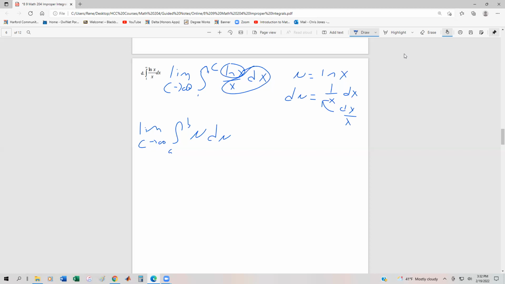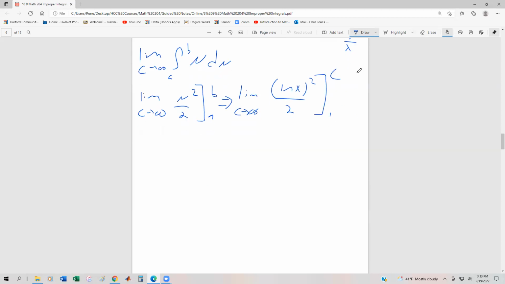We know the antiderivative of u is u squared over 2. So we end up with the limit as c approaches infinity of u squared over 2 from a to b, which is the same as the limit as c approaches infinity of the natural log of x squared divided by 2 from 1 to c.